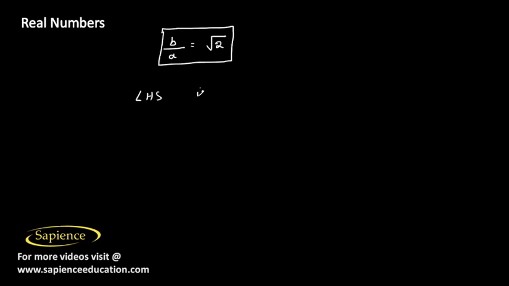Left hand side is rational number, right hand side is root 2, which is irrational.